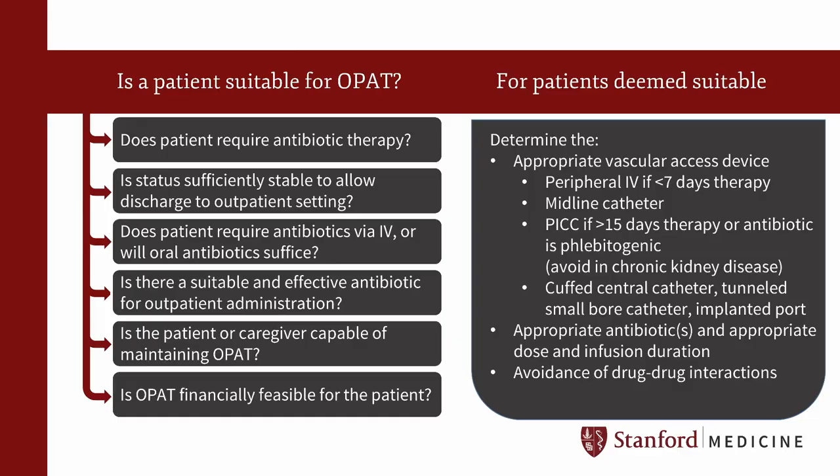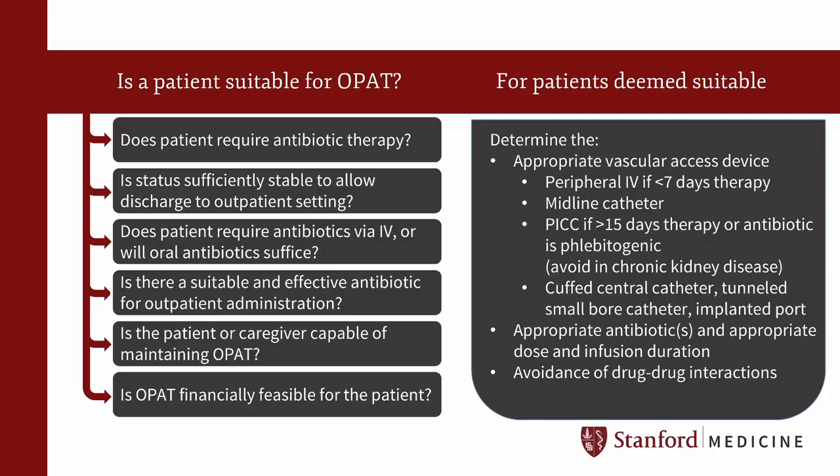For the patient who is deemed by consultation to be an OPAT candidate, the consultant and/or stewardship team should determine the following. What is the appropriate vascular access device? In general, if therapy is to be administered in the outpatient setting for 7 days or fewer, a peripheral IV may be used, and it only requires changing when clinically indicated.